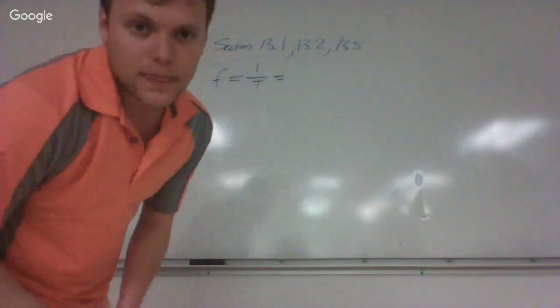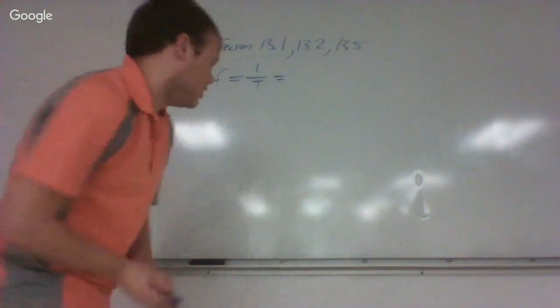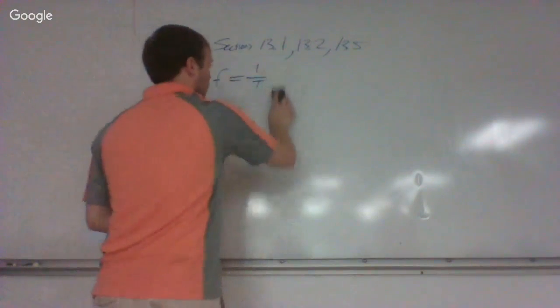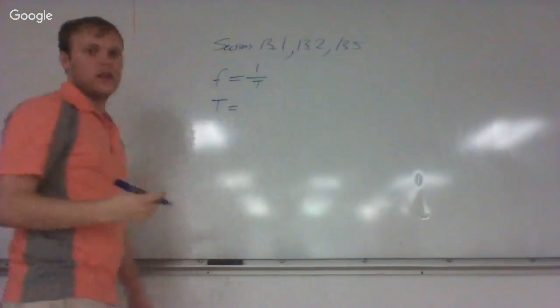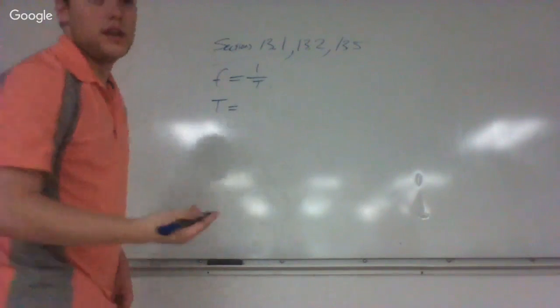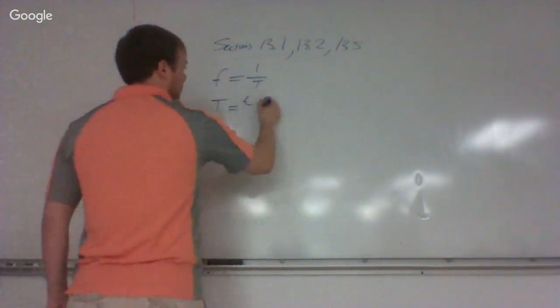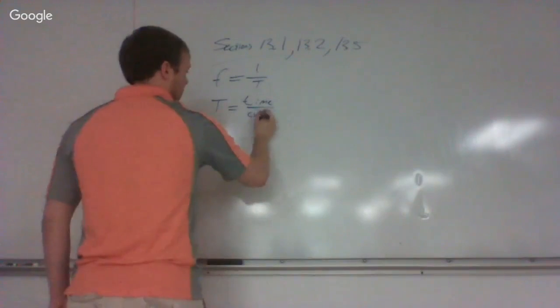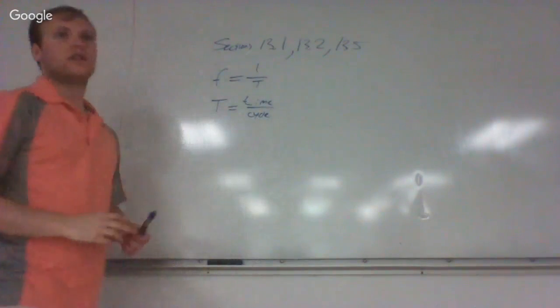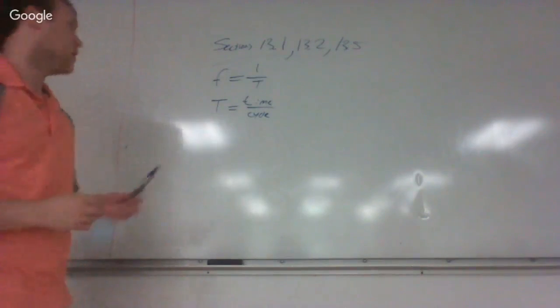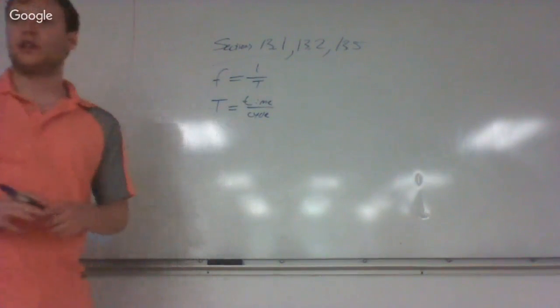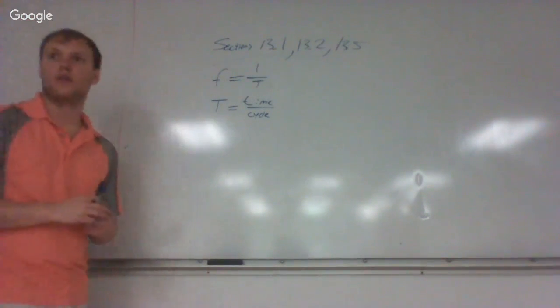And let's see, the period T is equal to the time it takes per cycle. So let's say it took me 10 seconds to do 10 cycles. Your period is 1 second, all right? 1 second per cycle.